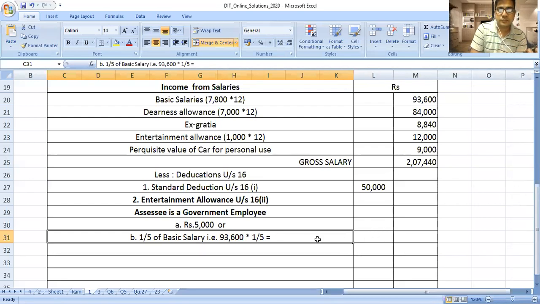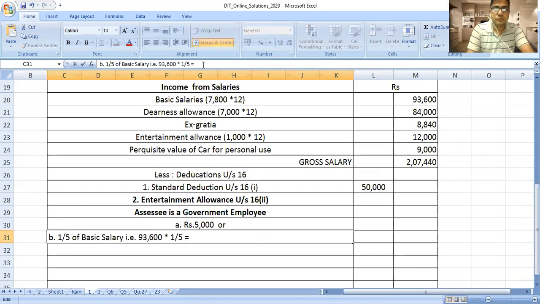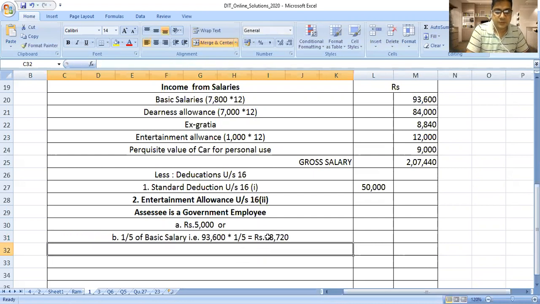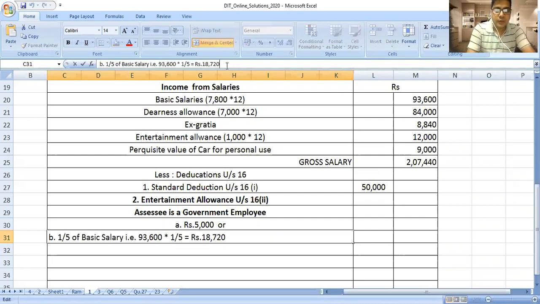How much did you get? 18,720. Yes, Vijay also got the same.